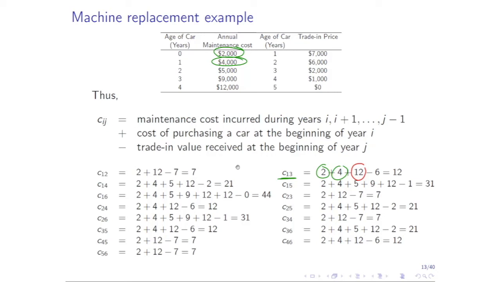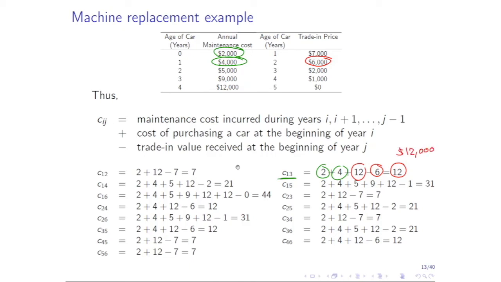But when I sell the car, I will get some money, and since I kept the car for 2 years, I can sell it for $6,000. So minus 6, this is the money that I will receive. So the summation is 12. So the cost associated with this decision that I keep the car for 2 years and then I sell it and buy a new car, represented by edge 1 to 3, is $12,000.